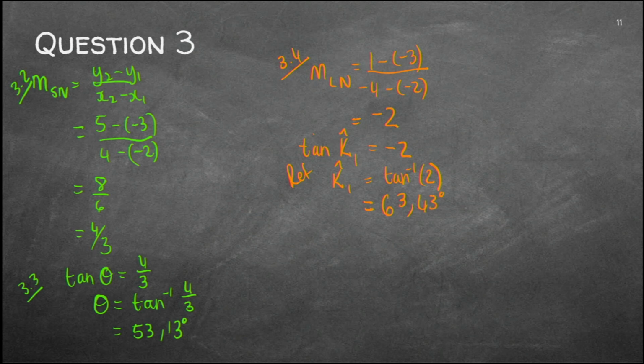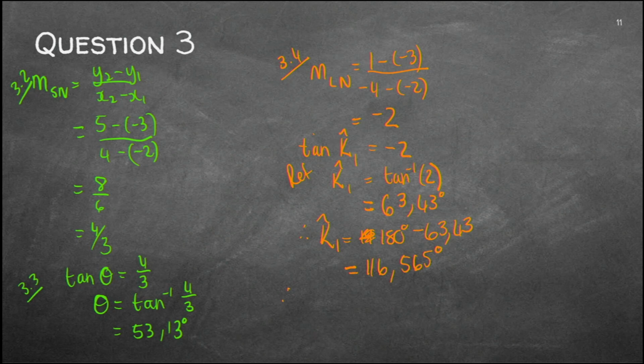But remember, it's a negative quadrant, so we have to take 180 and subtract the angle. So therefore, K1 is actually equal to 180 degrees minus the 63,43, and we get an answer of 116,565 degrees.